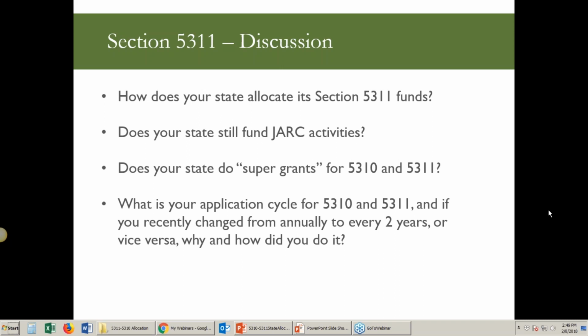So we actually go out to bid for a provider to provide the service, and then we fund the capital and the operating for that service. So it's not really a call for projects per se. We do a call for projects, and it is for capital and operating.